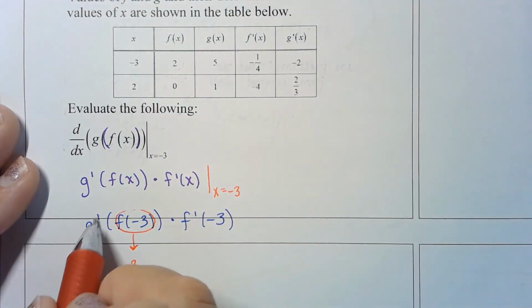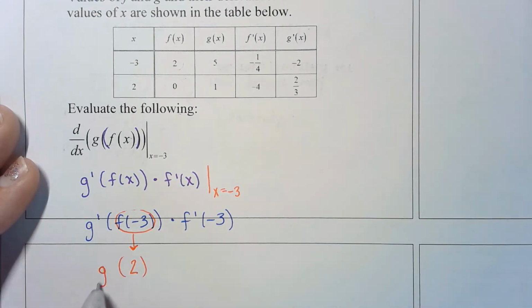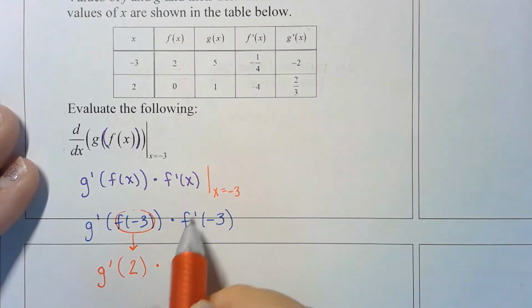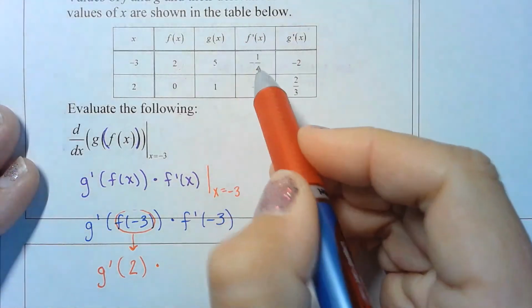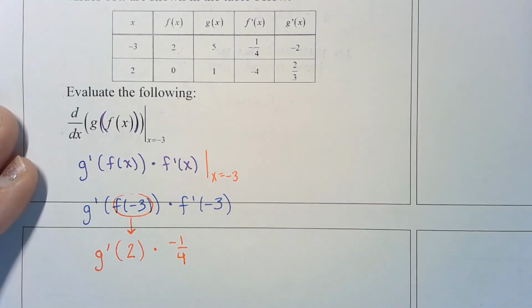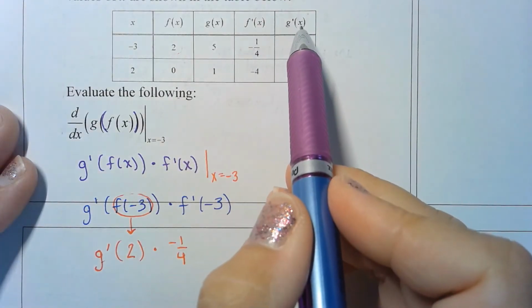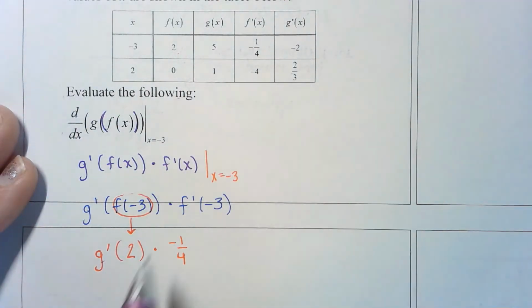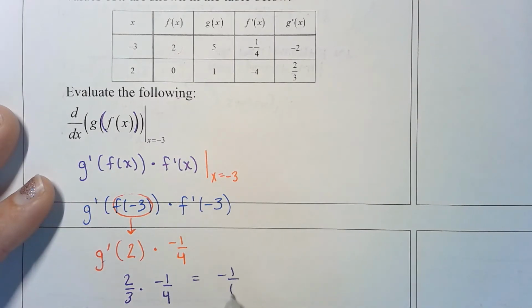So it's g prime of 2, and then I have f prime of -3. F prime of -3 is negative 1/4. All right, so we're not done yet. We still need to find g prime of 2. So here's g prime. Here's x equals 2. So we have 2/3 times negative 1/4, which is negative 1/6.